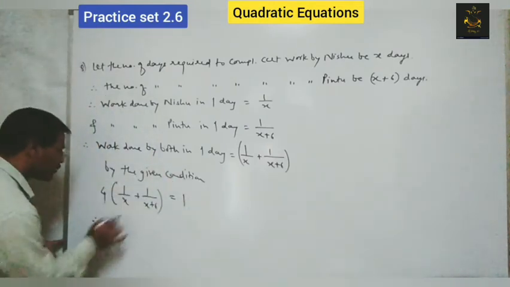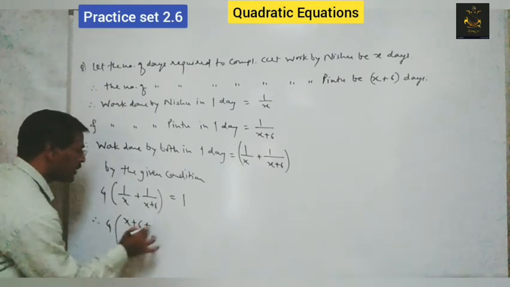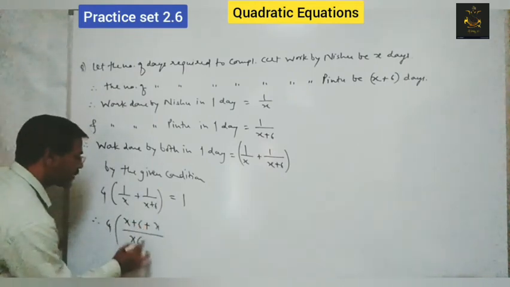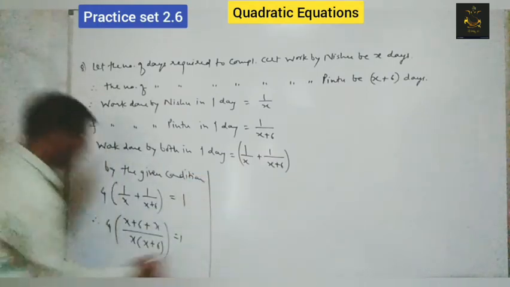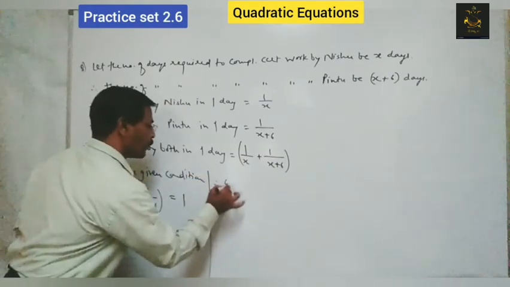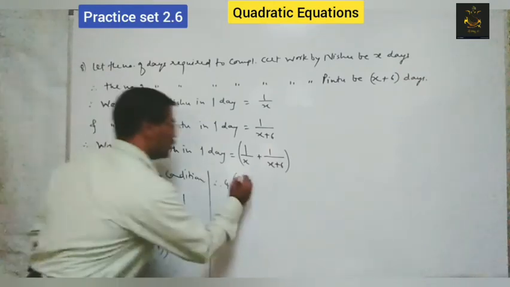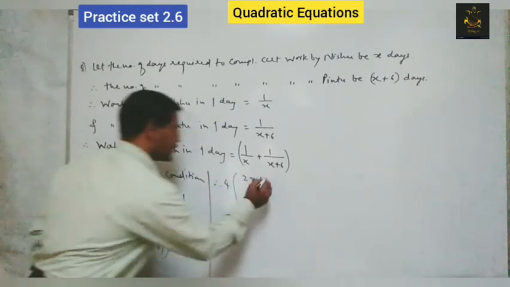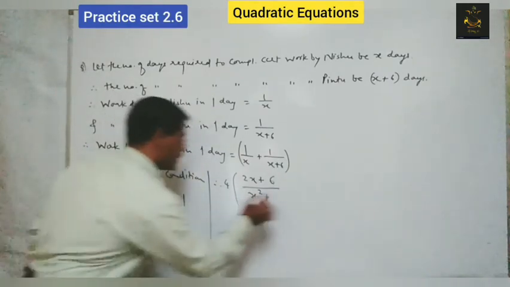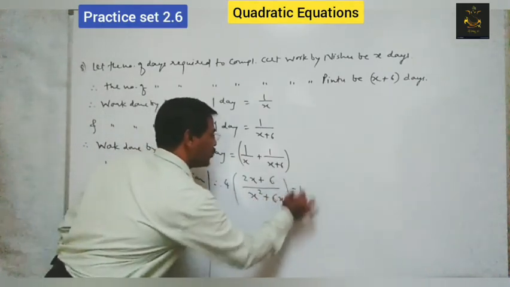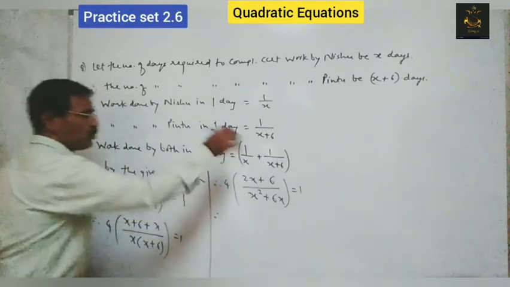So what will we get here now? Go with cross multiplication. That is x plus 6 upon x into x plus 6 is equal to 1. Understand? Look here, this is 4, keep as it is. Here 2x plus 6, and in the denominator x square plus 6x, is equal to 1. So multiply 4 to the numerator.